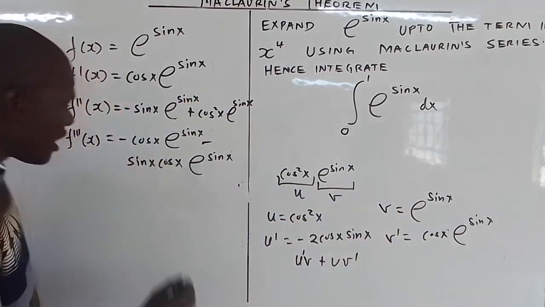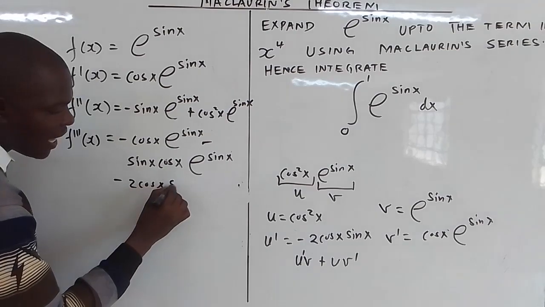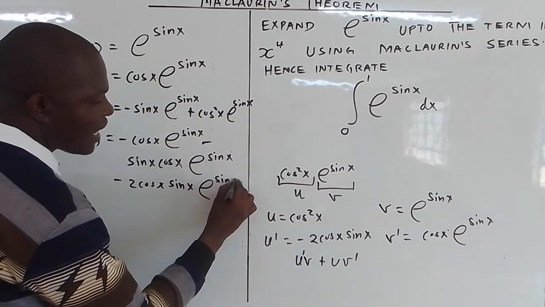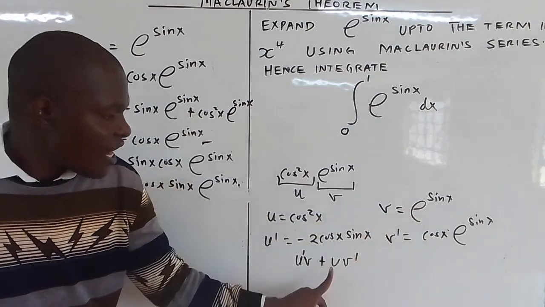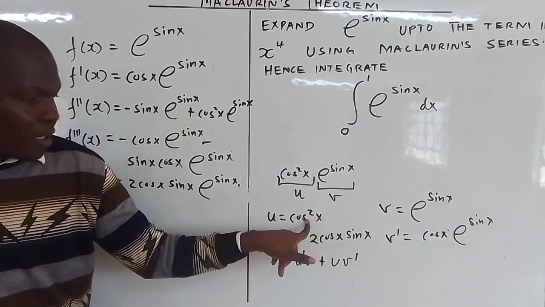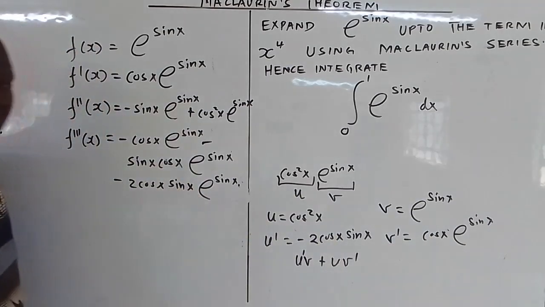This times this, you get negative 2 cos x sine x exponential sine x. That one you multiply u prime by v. Then it is plus u v prime. U is cos squared x, v prime is cos x exponential sine x, so it becomes cos cubed.